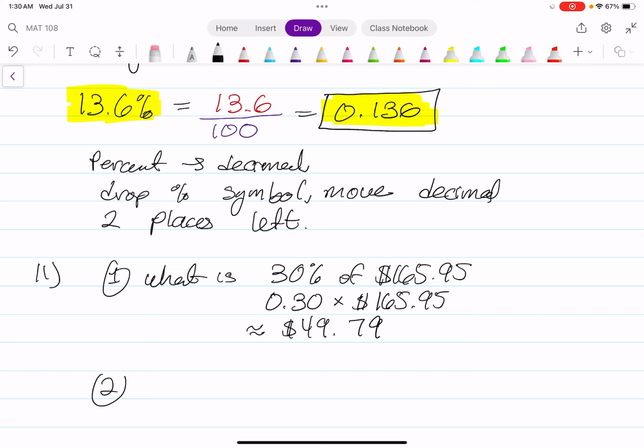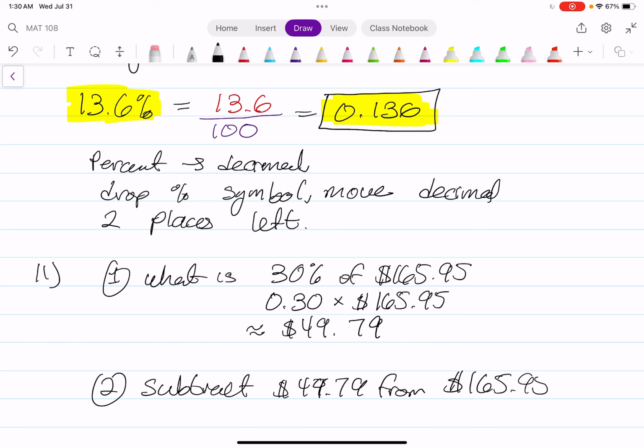So number two, to find the sale price, subtract $49.79 from the original price of $165.95.